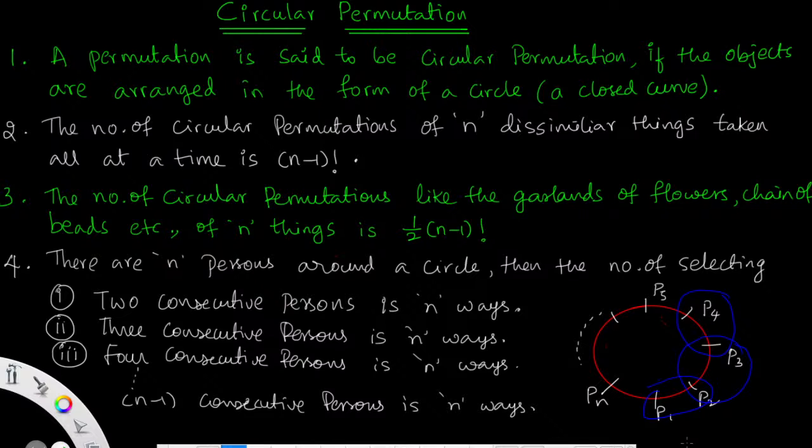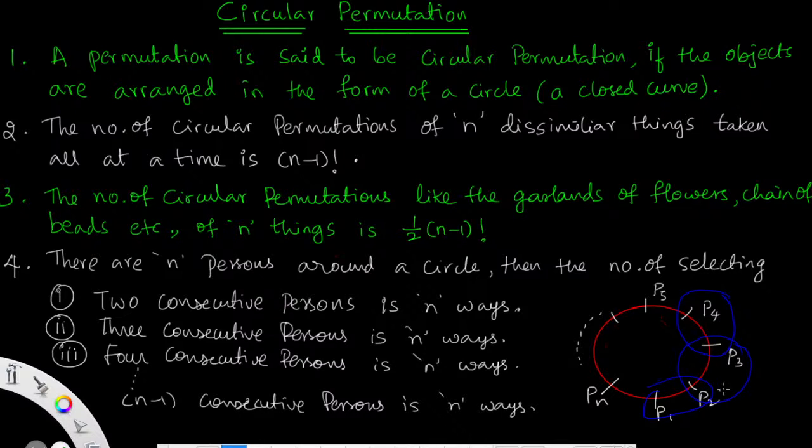The fourth formula: there are n persons around a circle, person 1, person 2, person 3, up to pn. The number of ways of selecting 2 adjacent, consecutive persons is n ways.